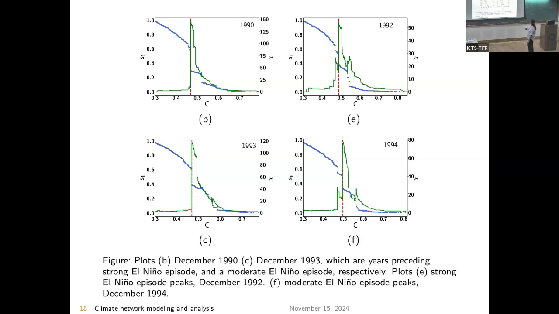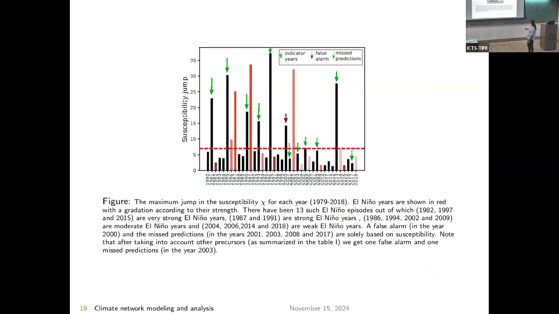Now we see that the susceptibility is quite distinct for the indicator year, the pattern is also different for the El Nino years, and the scale is also different, so we thought we can use it as a precursor: the susceptibility jump.